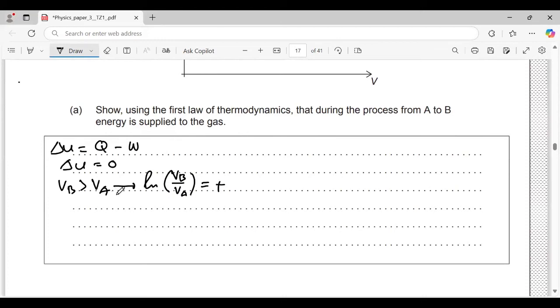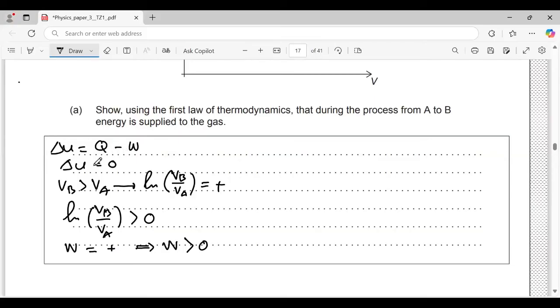So it means that ln V_B over V_A is greater than zero because it's a positive number. So W also equals a positive number, which means W is greater than zero.